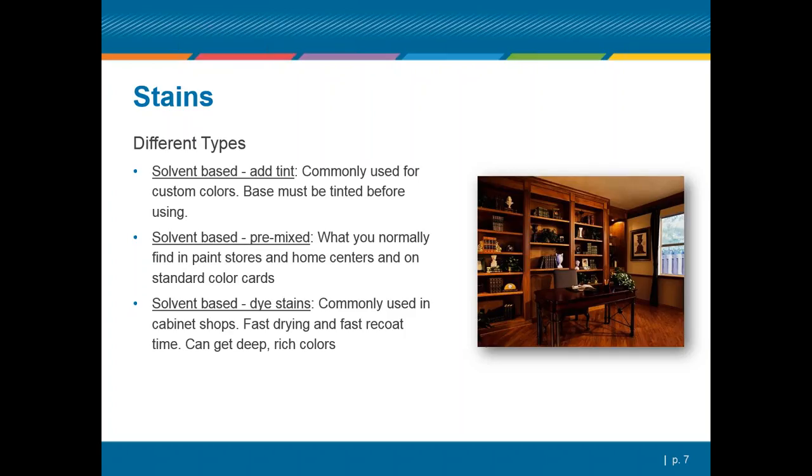And these are very fast drying with fast recoat time, and we can get really deep, rich colors with those dye stains. So that's the three basic ways of staining. And whether those are solvent-based or water-based, we have both options available. Depending upon the premix particularly, a majority of stains are available in a water-based version also.